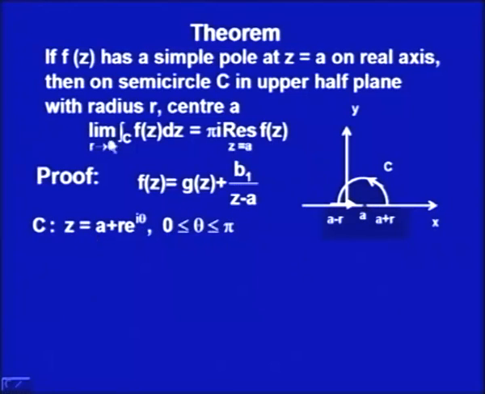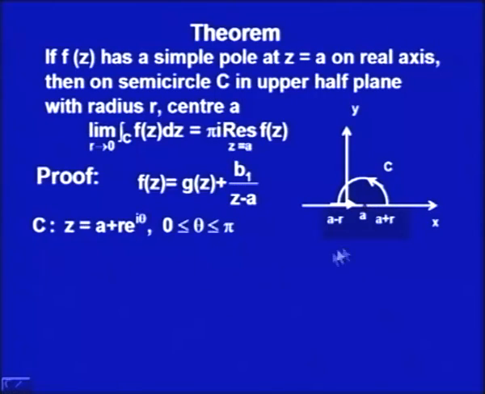We want this integral on this semicircle C. What is this C? C is a semicircle centered at a with radius r. So the parametric representation of z on C is z = a + r e^(iθ) for θ ranging from 0 to π.